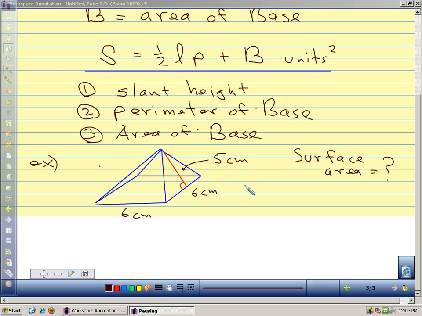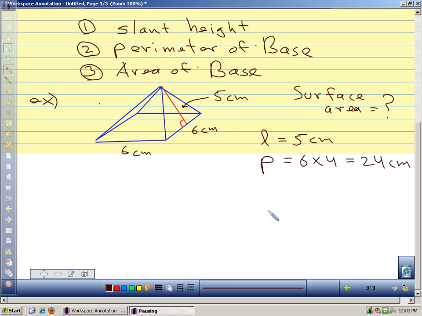So what's our slant height here? L equals 5 centimeters. So we have that part. Let's find P. What's the perimeter of our base? 24. It's a square, so we have 4 sides. Each one is 6, so 6 times 4, or 24 centimeters. What's the area of the base? 36, 6 times 6.